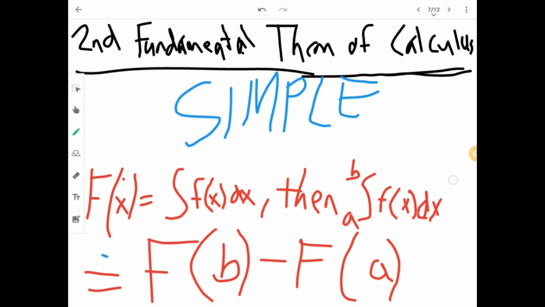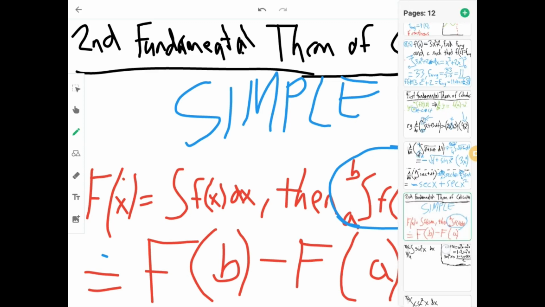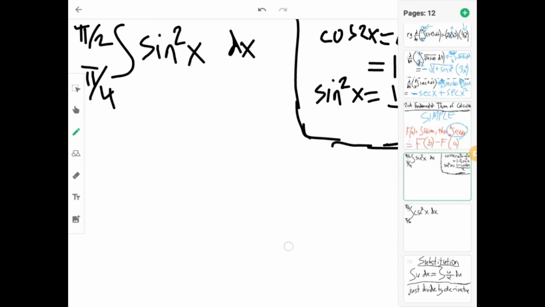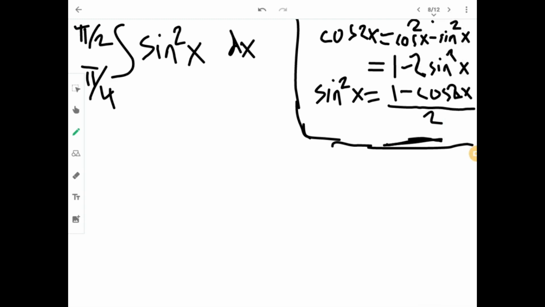So this is basically defining the definite integral, and it's what we've been doing the whole time. Or you just enter it into a calculator, you'll get the same result. So this is basically the definition of a definite integral, and what you do with the lower and upper bounds. So it's pretty much that's it. Nothing too hard. So let's move on.